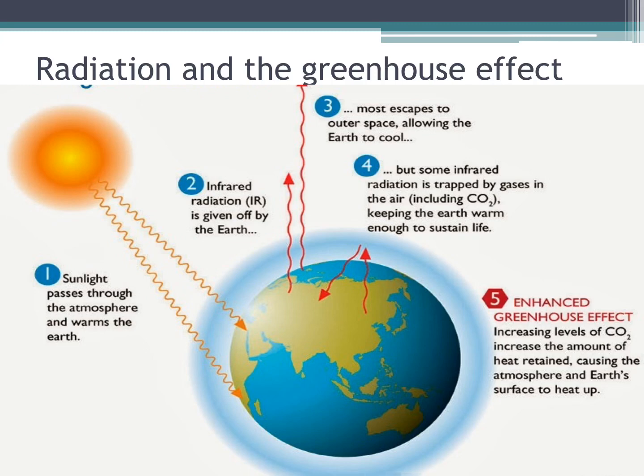Some of these waves escape into space. This allows the Earth to cool. But some infrared radiation is trapped by gases in the air like CO2, keeping the Earth warm enough to sustain life. Greenhouse gases trap some of the radiated energy near the Earth's surface.